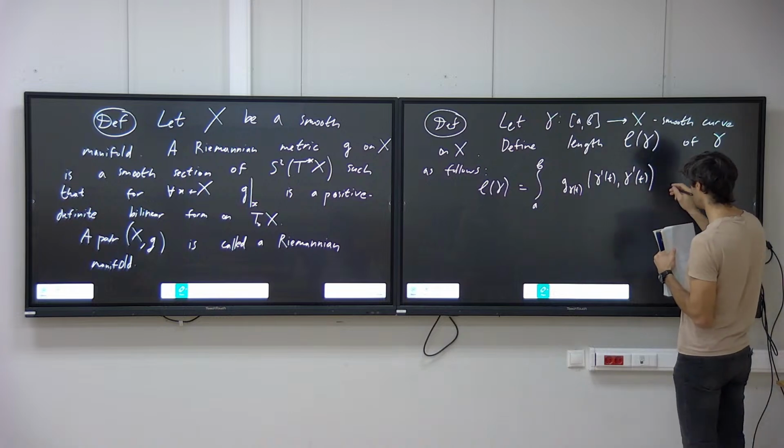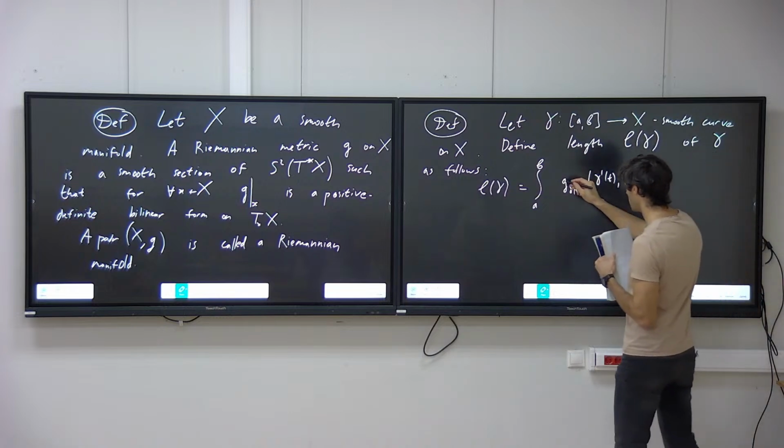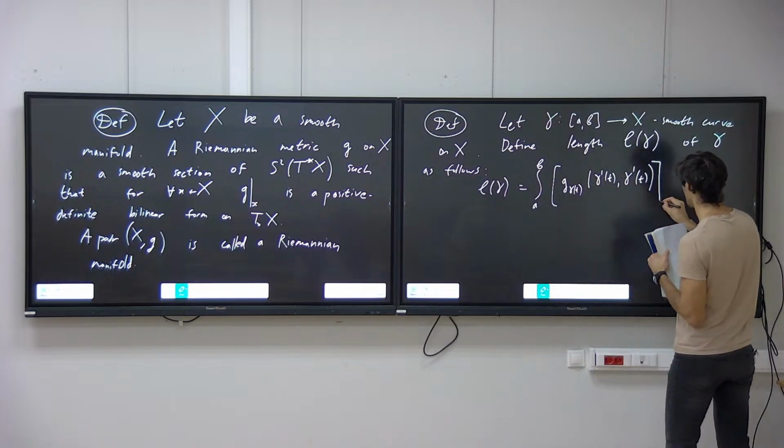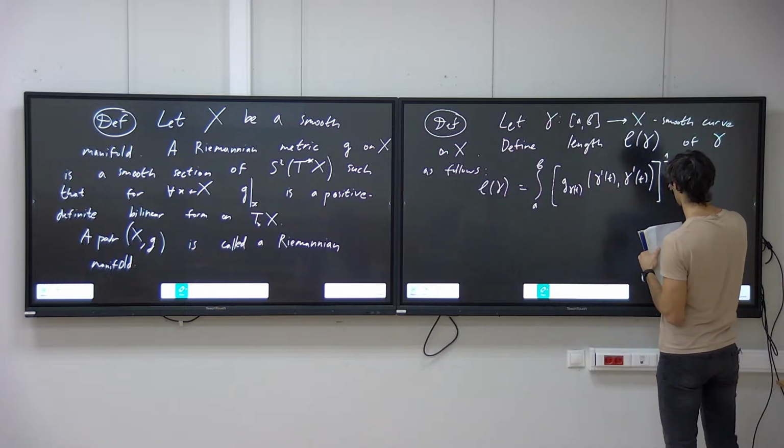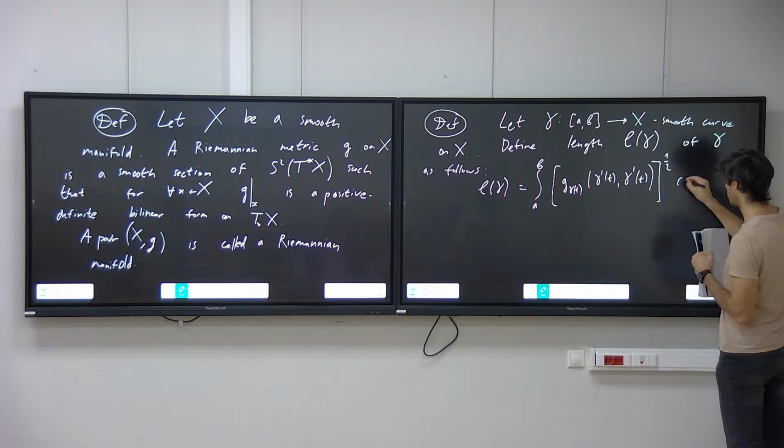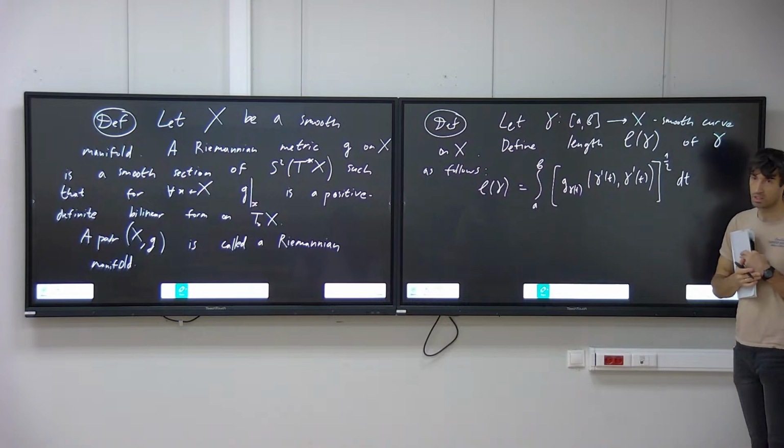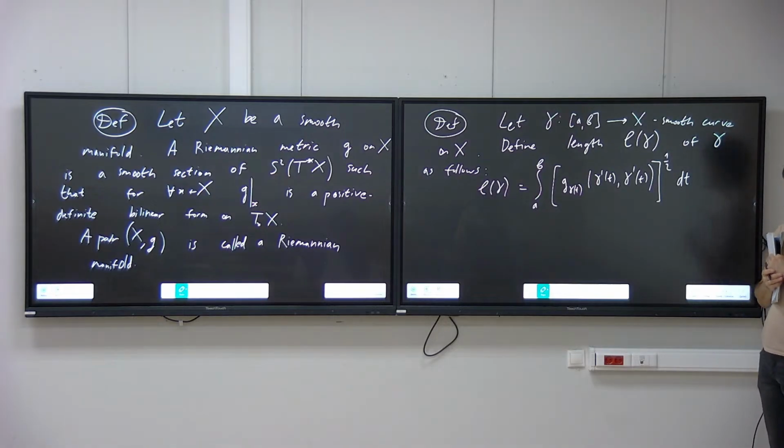And then I take the square root of this, because I can, because it's positive definite, right? And then I integrate with respect to t. So this is the definition.